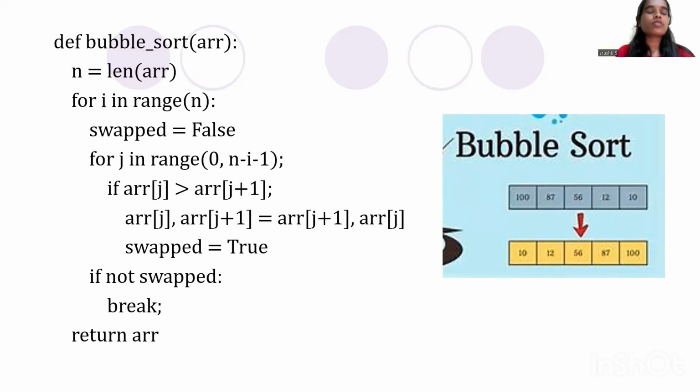Here is the program of bubble sort. def bubble_sort(array): n = len(array).